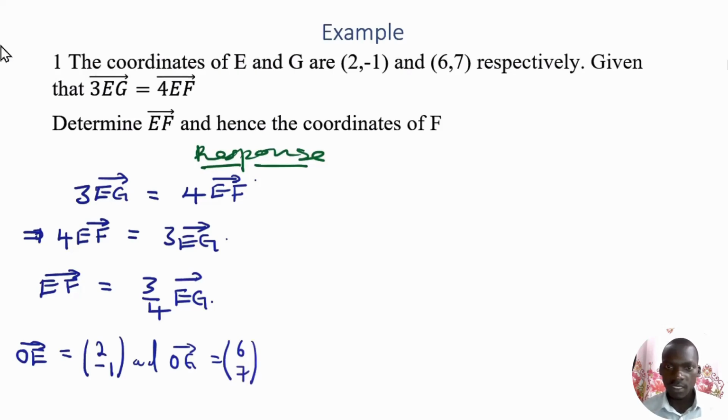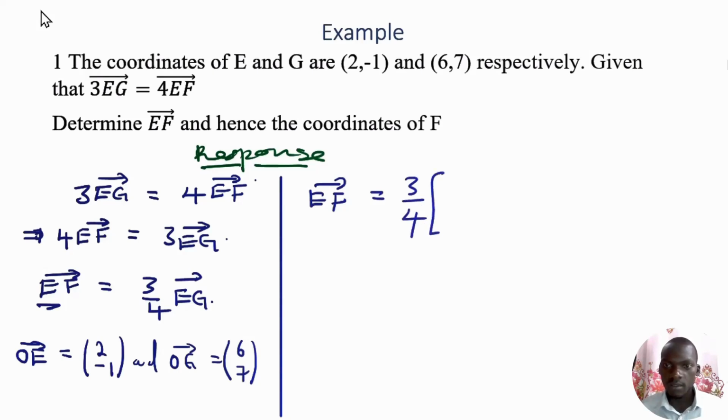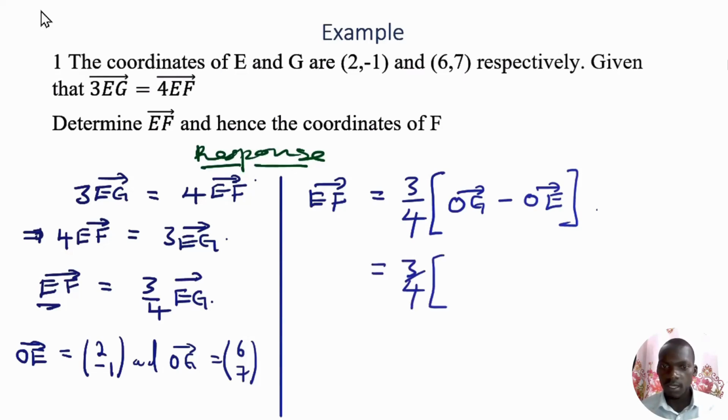Now let's substitute in. Our vector EF equals 3 divided by 4 into vector EG, the same as position vector OG minus position vector OE. Substituting, we get 3 divided by 4 into (6, 7) minus (2, negative 1).